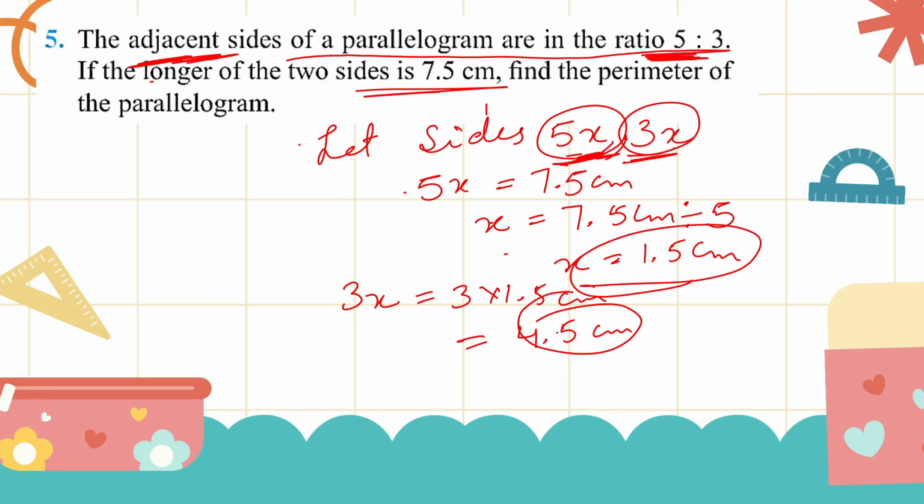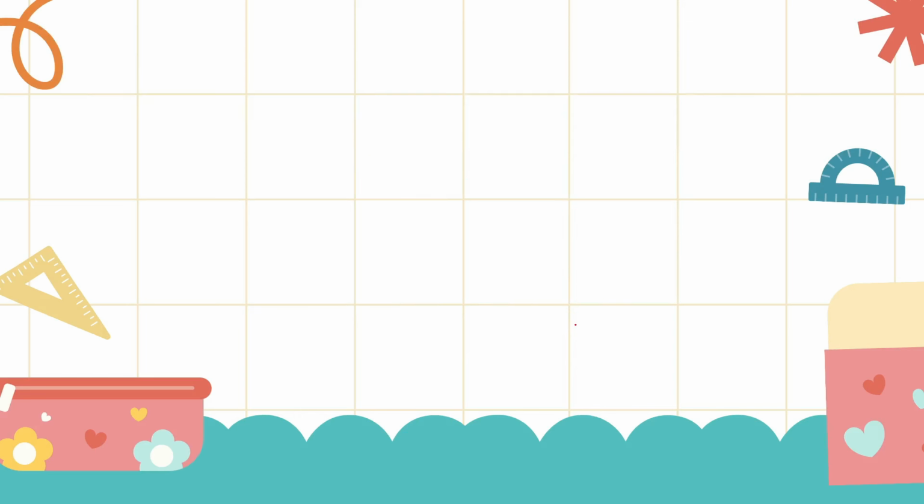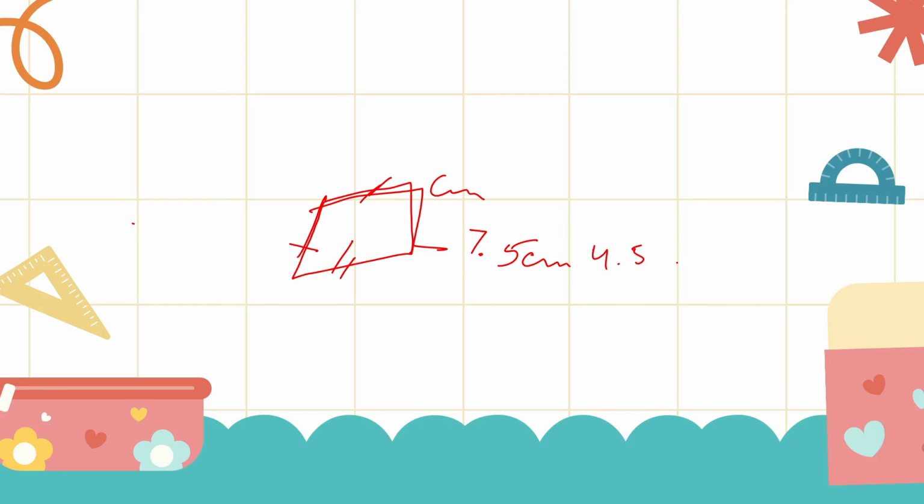Now we need to find the perimeter of the parallelogram. Perimeter means we need to find the sum of all sides, like the rectangle, because opposite sides are equal in the parallelogram. So we have found that our longer side is 7.5 centimeter, and the smaller side is 4.5 centimeter.